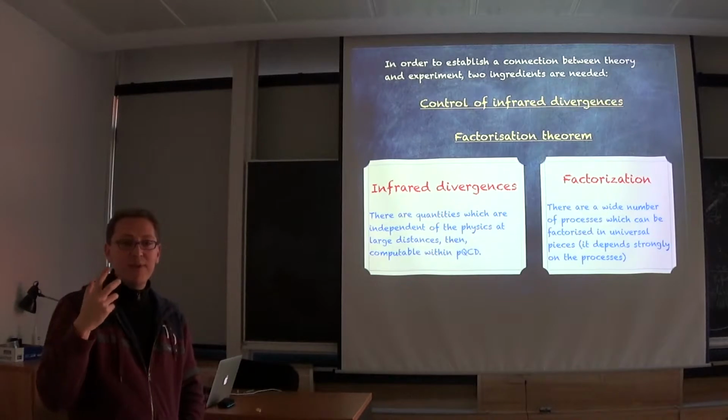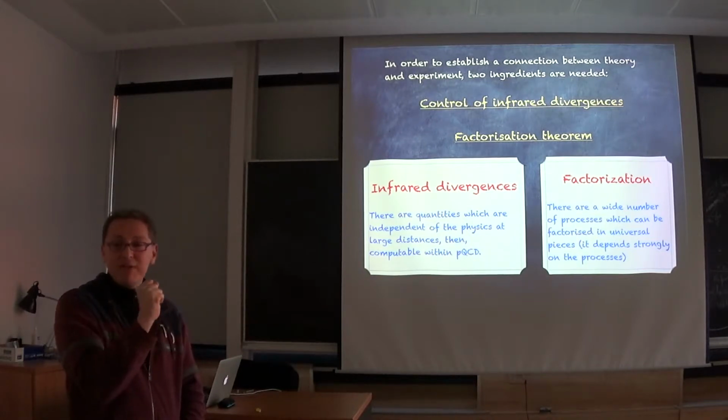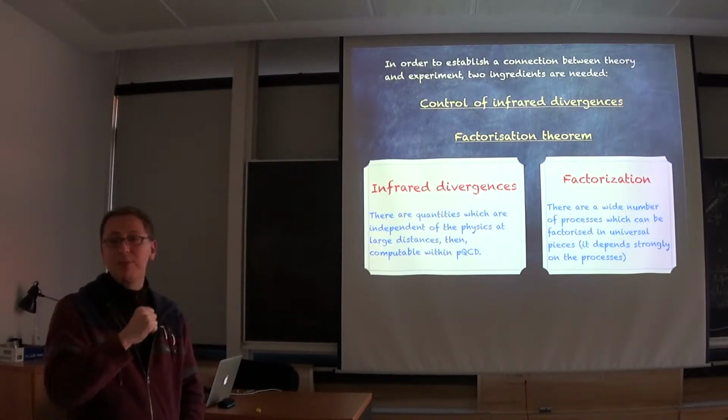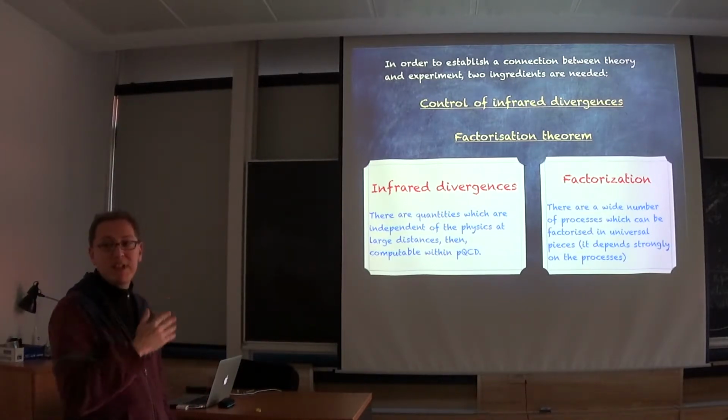The probability to find one of these quarks in a proton is fixed. For a given q squared, or a given fractional momentum, if I fix everything, the probability is going to be the same. It doesn't matter what process I started with.